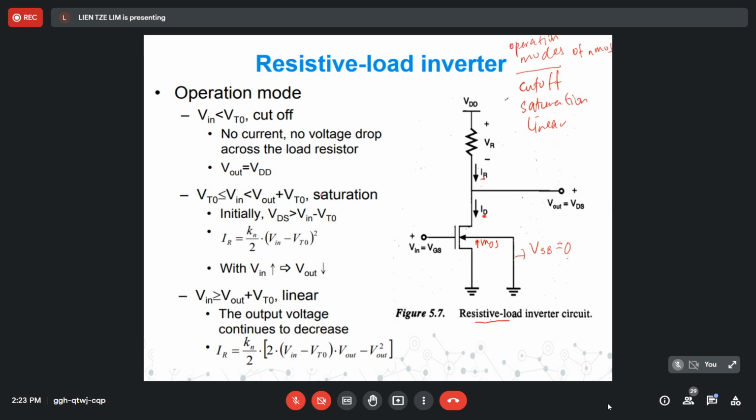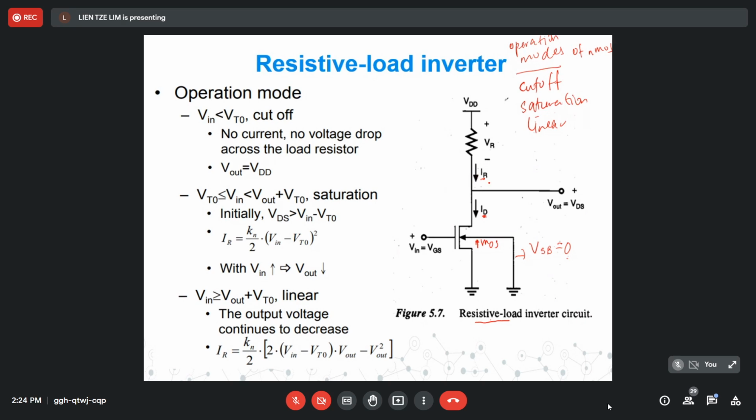Here in this slide, it states that when the input voltage is below the threshold voltage, VTO, the input is very low, lower than the threshold voltage, then the NMOS will not be turned on. It is off. That's why the operation mode here is called cutoff. When the NMOS is turned off, there is no current and no voltage drop across the load resistor.